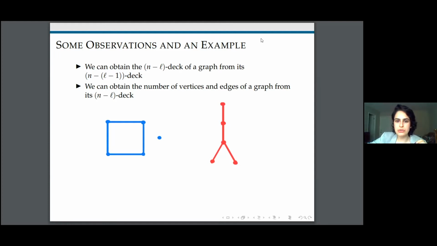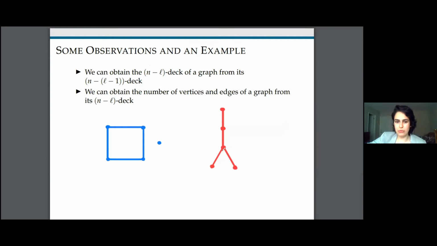Finally, let's take a look at these two different graphs. The one on the left is C4 plus one isolated vertex. The one on the right is what we get from subdividing one of the edges of the star on 4 vertices. If we spend a couple of minutes looking at how we can delete 2 vertices from each of them, we can see that they both have the same deck.